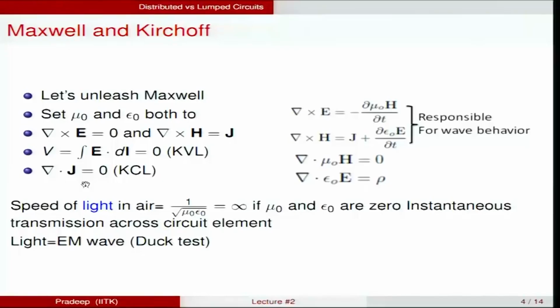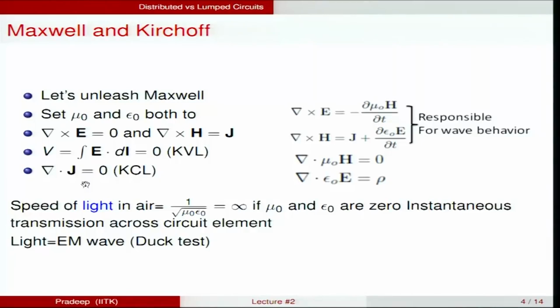Okay. There is another artifact of setting mu 0 and epsilon 0 to 0. It means that the speed of light in air, which is 1 by square root of mu 0 into epsilon 0, becomes infinite, right. So the moment you connect a voltage source, in the form of a generator, to a circuit, the voltage immediately spreads to the load side or to the point where you are connecting.